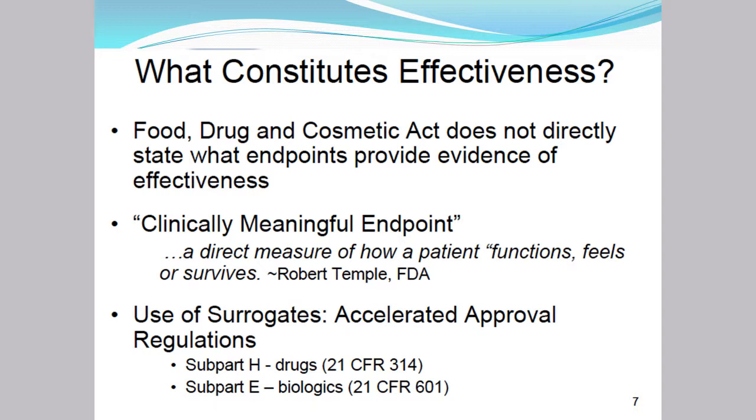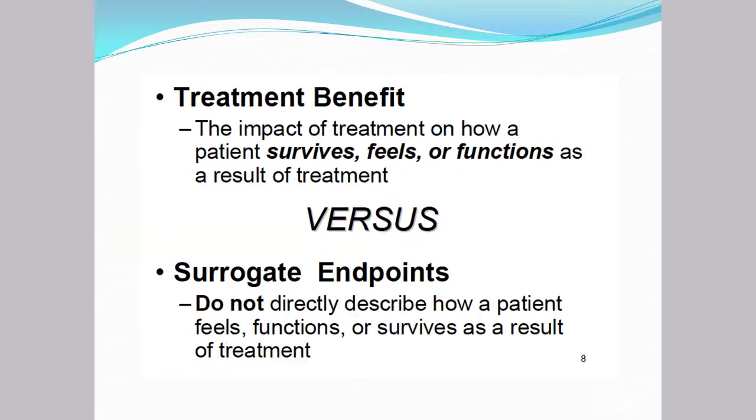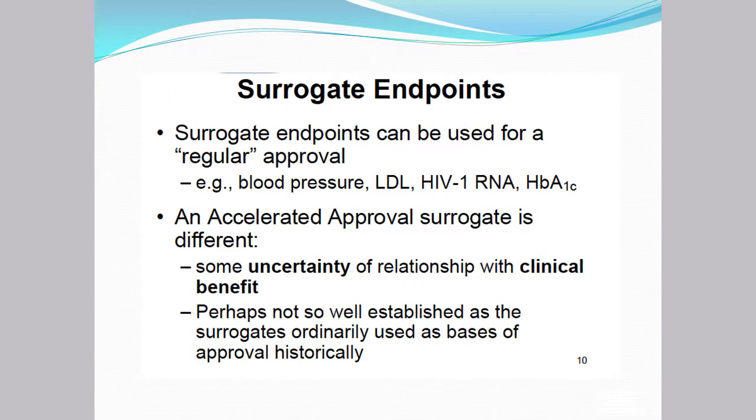How do we use surrogate markers for identification? They have a great neonatal screening program in Canada. And also to modify therapy, as in Fabry disease, with the help of biomarkers. What is the treatment benefit? It is the impact of treatment on how a patient survives, feels, or functions, versus surrogate endpoints.